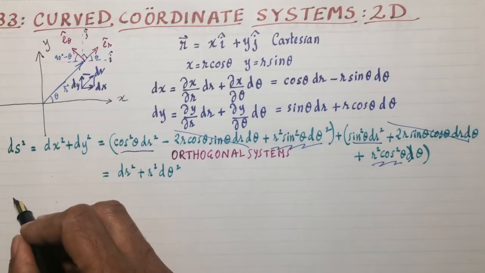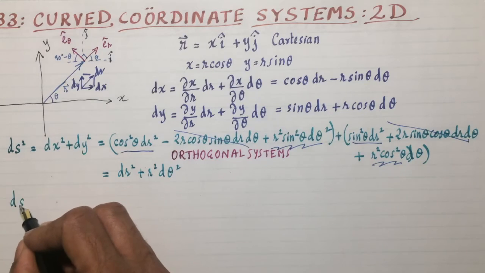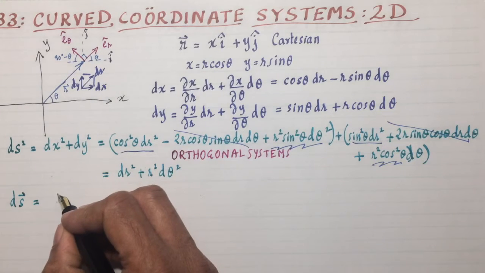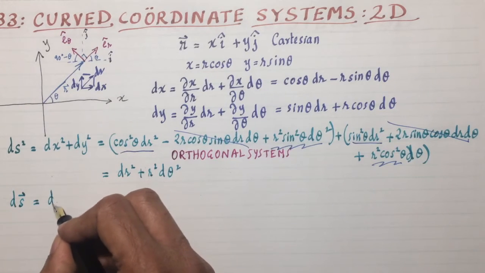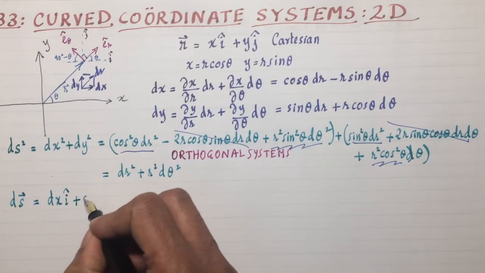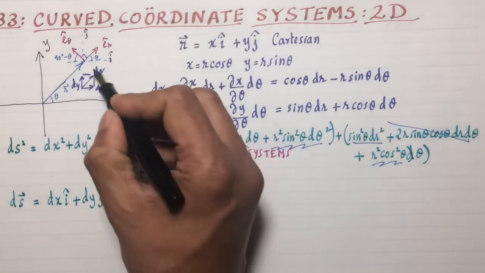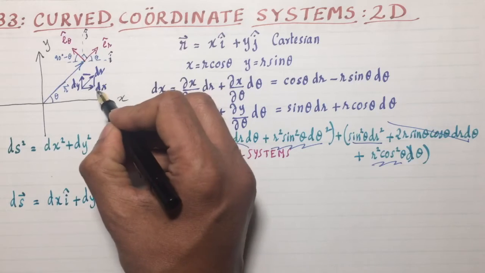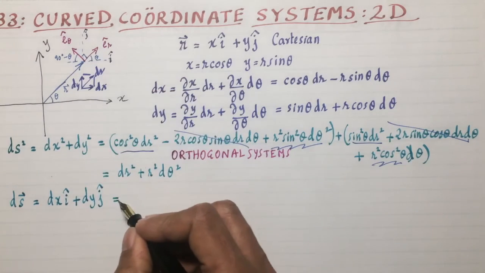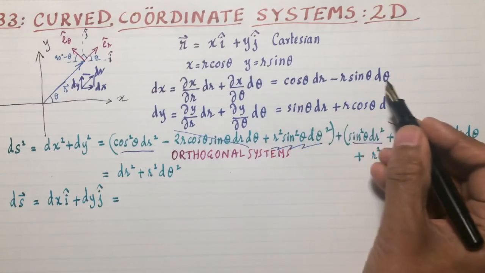Now, by the way, the arc length vector ds, as written as a vector, is just dx i hat plus dy j hat. Well, let's figure out what that is. I'll just put that here.